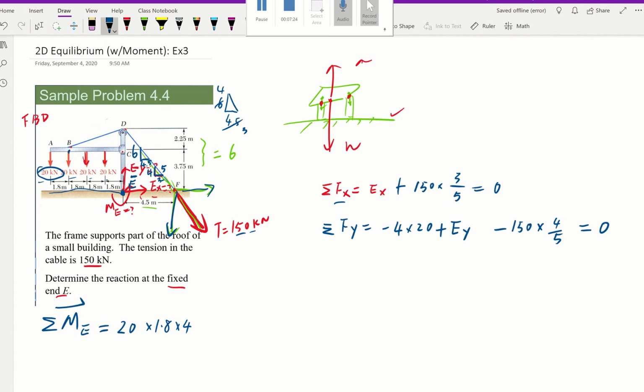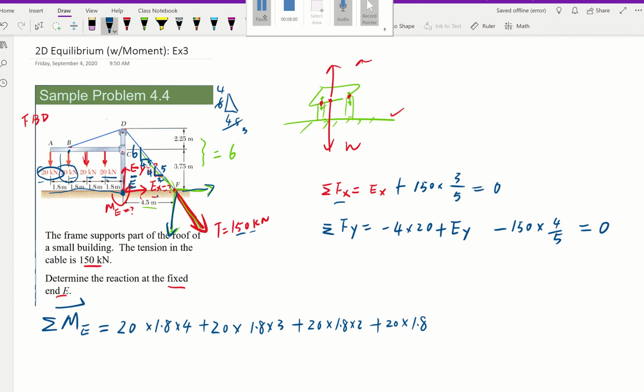Then the next one is this 20 kilonewton, where the moment arm is 1.8 times 3, and that's also counterclockwise, so that's positive. Then we have this 20 kilonewton times 1.8 times 2. Then the very last one is this 20 kilonewton times 1.8, then plus. All right, so we have all those 20 kilonewton forces taken care of.